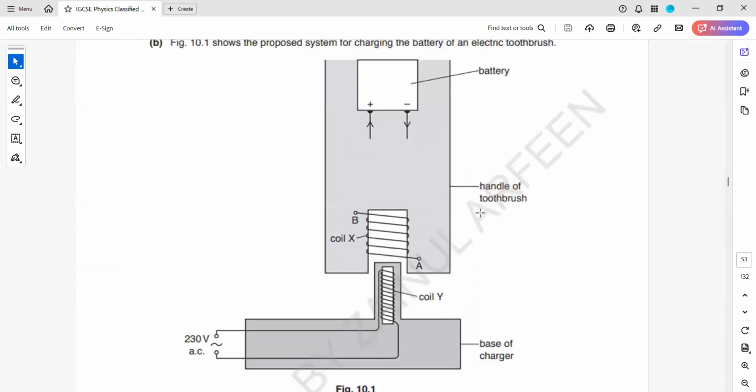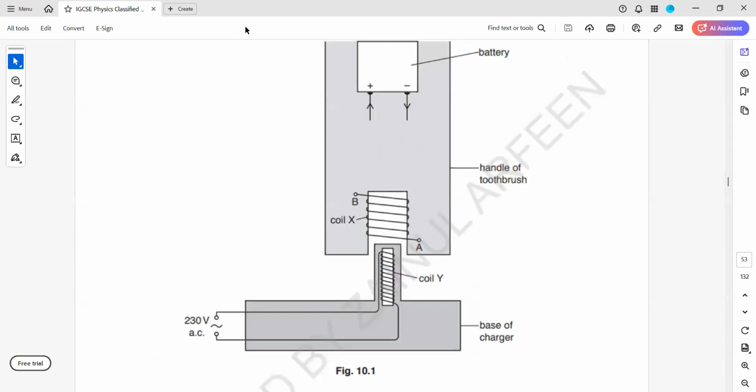Look, as I mentioned, what is the working principle? AC input, alternating current input, produces a variable magnetic field, and this magnetic field passes through coil X, and the change in magnetic field produces a current. We want a current, so we connect a terminal here, but we want the current to move in this way. This is the direction of the current.